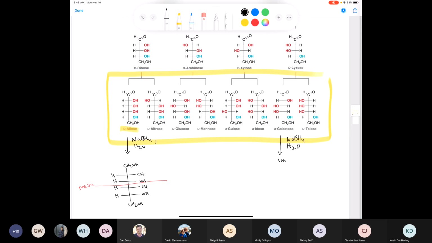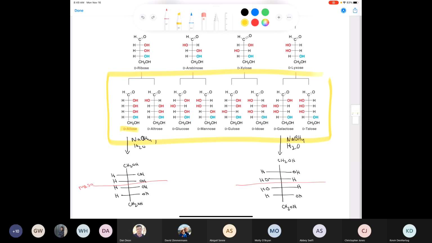I get CH2OH. Remember, it's got to have a plane of symmetry. In D-idose, you don't have symmetry going down the molecule. So 1, 2, 3, 4, like that. I'd have 4 chiral centers, right? But then I have a plane of symmetry running down the molecule right here, okay? With D-idose, you would not have a plane of symmetry running down the molecule.